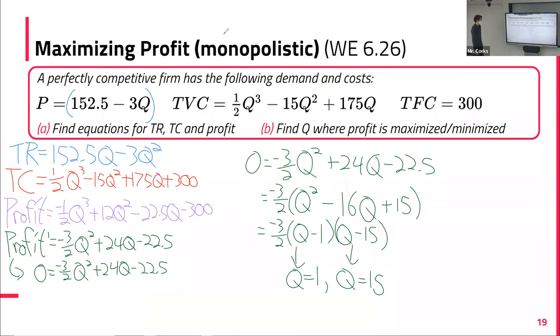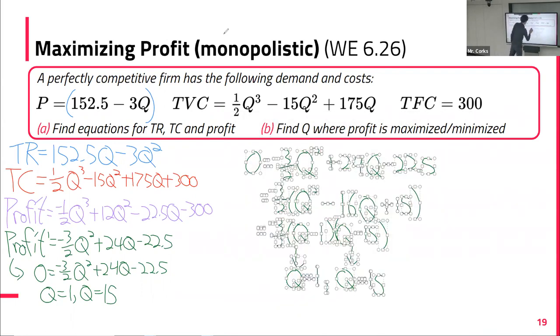So there are the zeros for this function. Q equals 1, q equals 15. All right, I'm going to keep it for now, and I'll have to erase that in a moment.